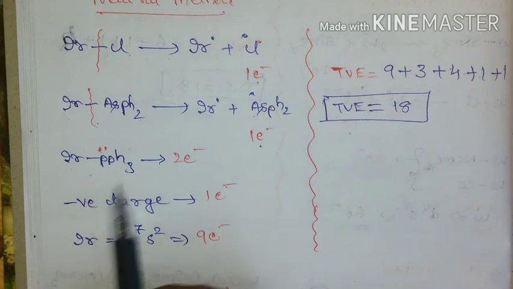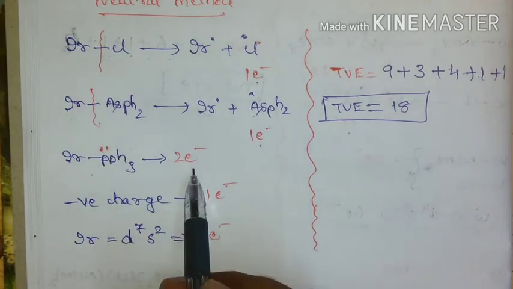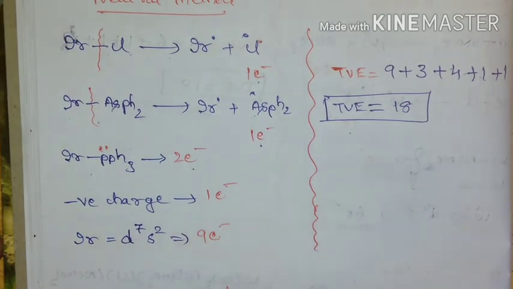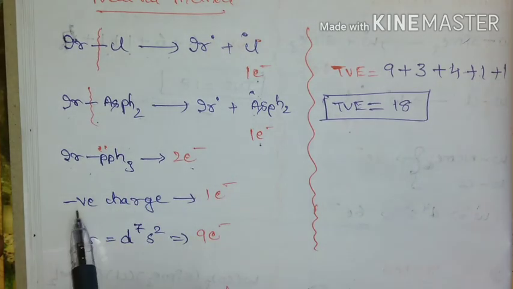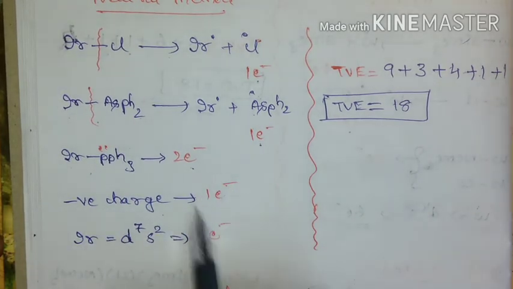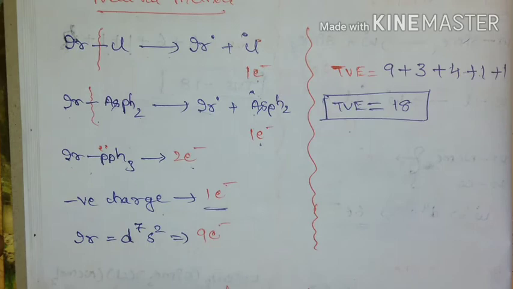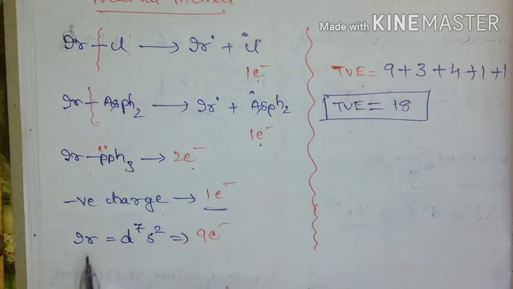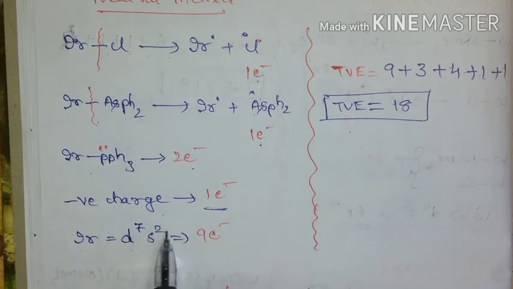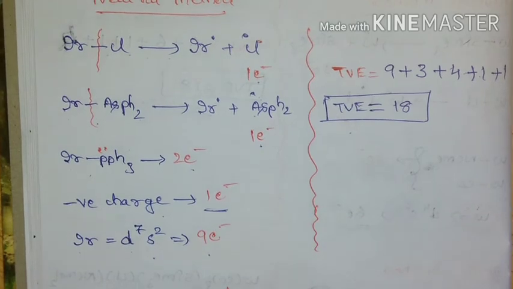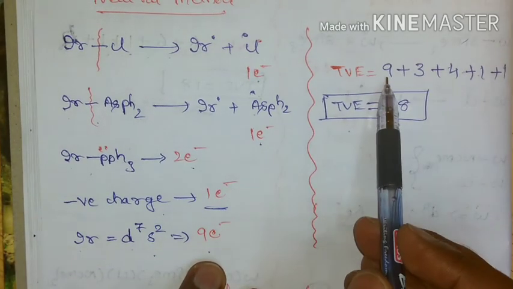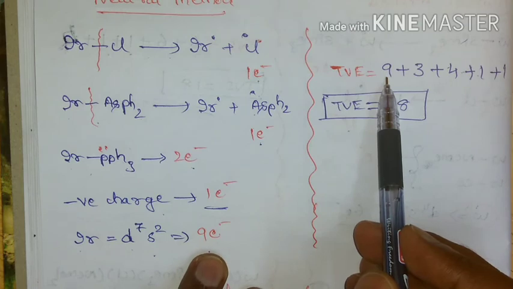Ir PPh3, here this PPh3 is a neutral ligand, so it is going to contribute 2 electrons. Since the complex is carrying negative charge, here negative charge is 1 electron. In the neutral method, negative charge means 1 electron. Iridium has outer electronic configuration d7 s2, total 9 electrons. So if I add all these values, iridium metal is going to contribute 9 electrons.